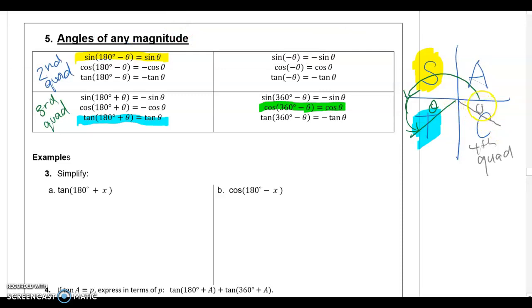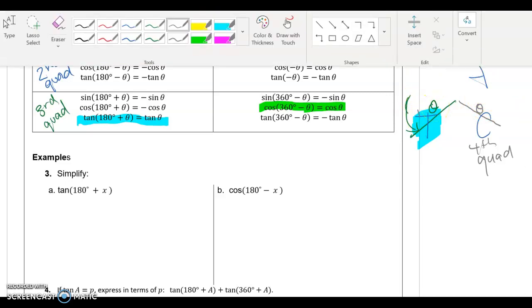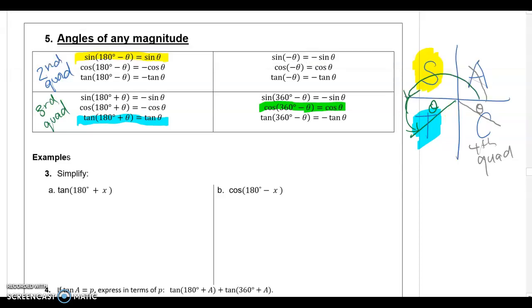There's our acute angle, but what's actually happening is we're going all the way around until we meet our acute angle of theta. What's really happening in that fourth quadrant is we're going 360 take away that theta. So cos is positive in that quadrant, and sine and tan are going to be negative. So we're actually taking 360 minus our acute angle.